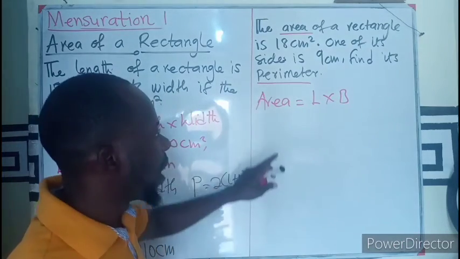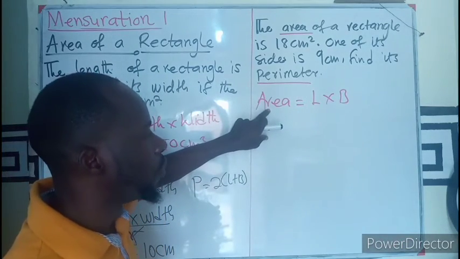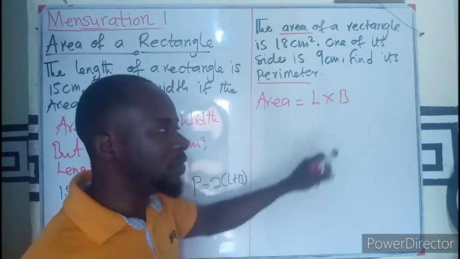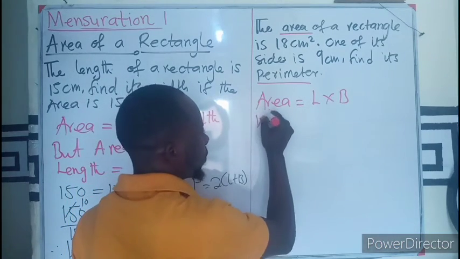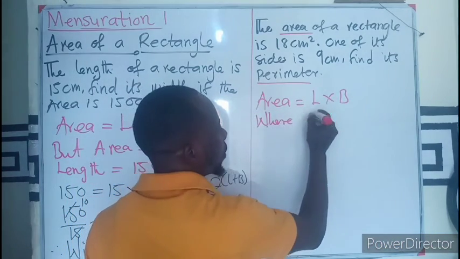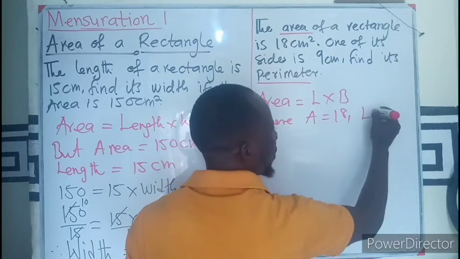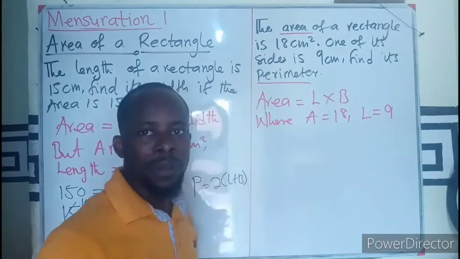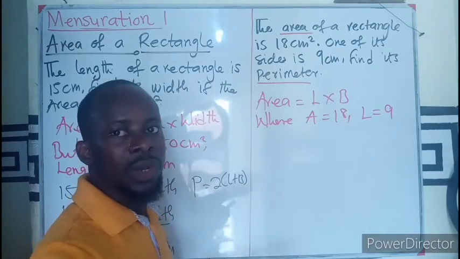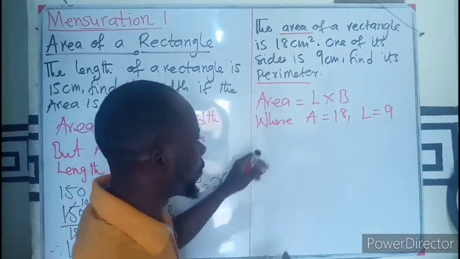Breadth. Where the area is given to you, one of the sides is given to you. So A equals 18, then we can take L equals what? 9. We can take L, we can also take your breadth, any one you take.